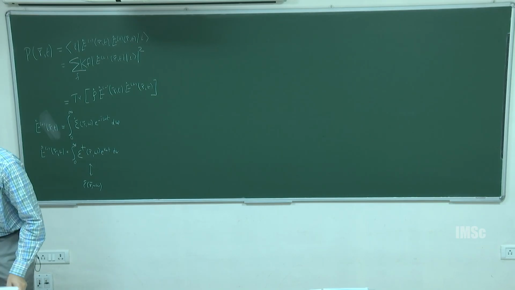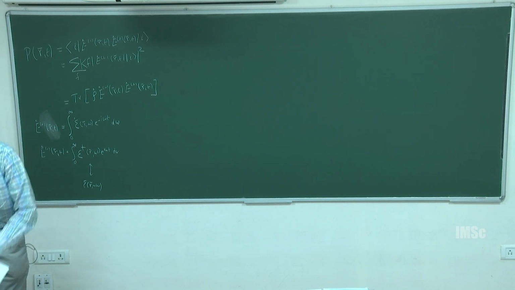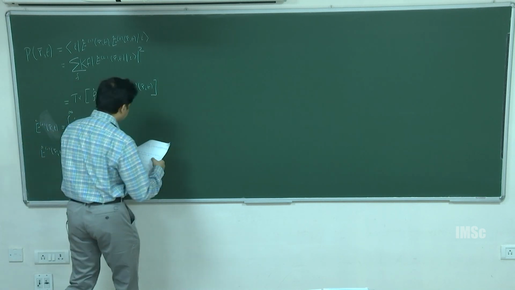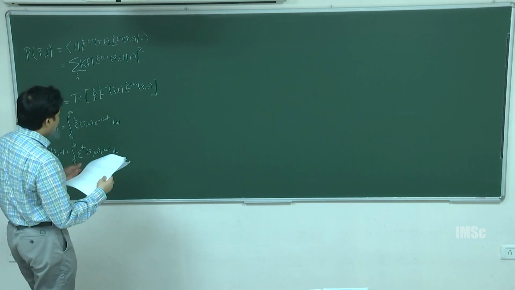So now let us once again briefly recapitulate what we discussed last time on single photon interference, and of course, the correlation function.